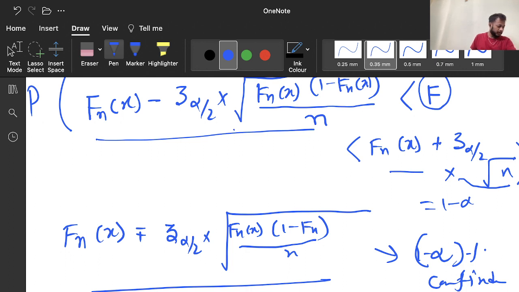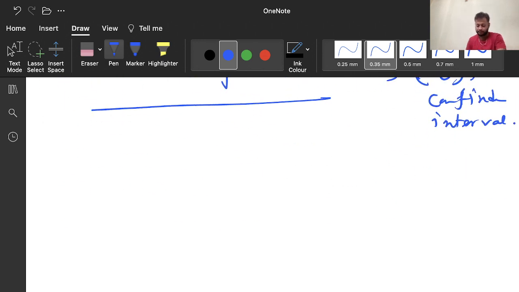Now we'll see another thing that is very important to know, which is called the bootstrap method. Now, non-parametric bootstrap.